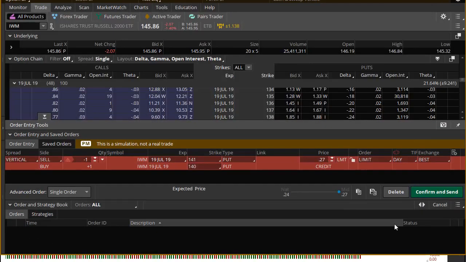That's a dollar wide credit spread. Do you have a 30% credit in here? Do you have 30 cents? Nope. That's how you know. It's that easy. One-third credit.